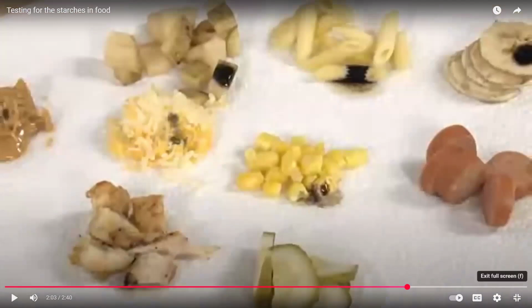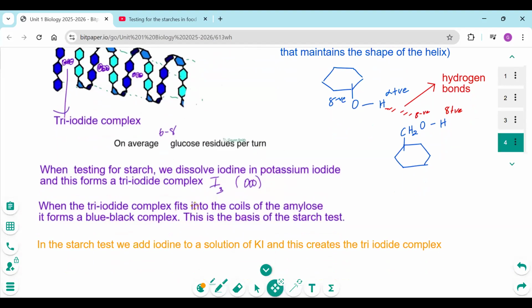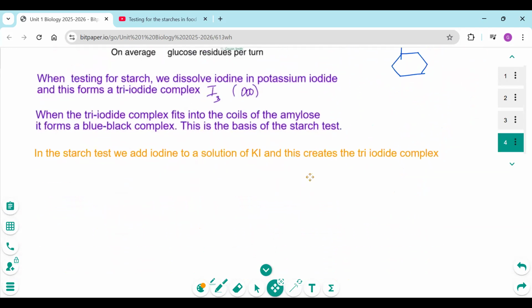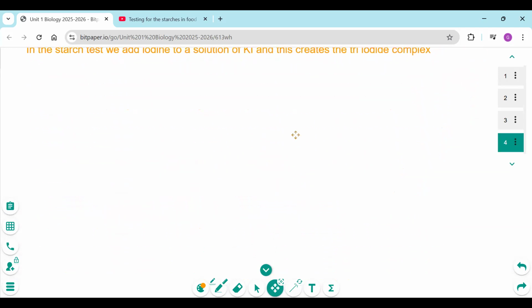So what it means is that these foods contain amylose. So the iodine that he added, potassium iodide mixed with the iodine, created this molecule: 3 iodine atoms joined together, and they were able to fit into the coils of the amylose. All right. Then let's proceed.